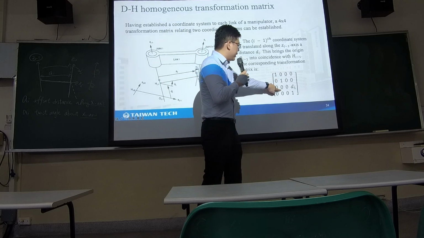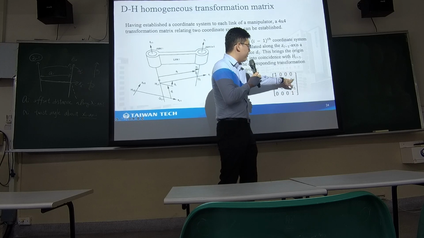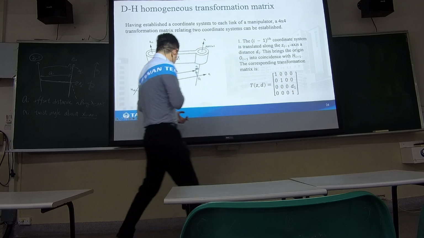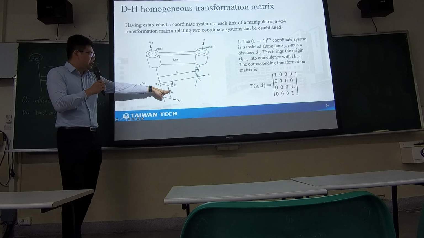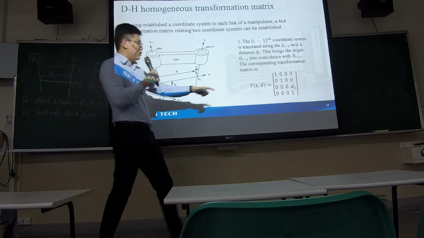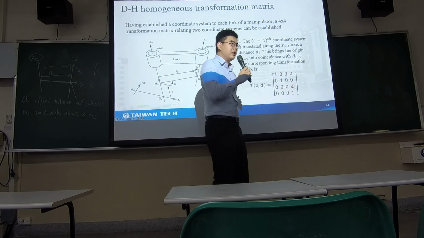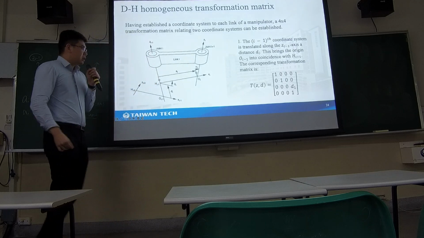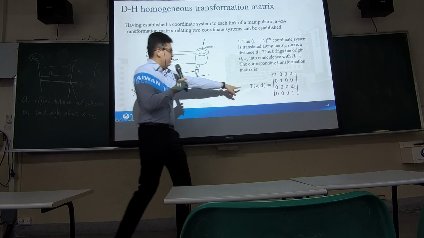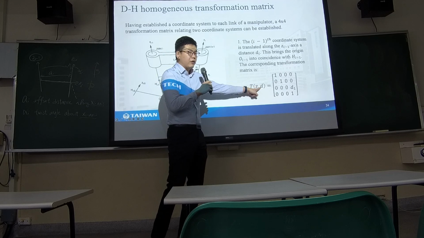This 3 times 3 is the rotational matrix, and here will be a position vector. Since we have a di translation along the z-axis, our position vector is 0, 0, and d1.